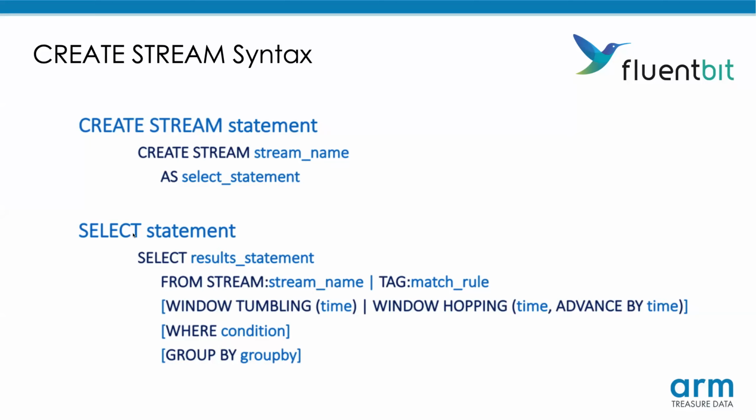The result statement is the same terms as SQL, like you can say select the average of memory, select the minimum CPU usage, select the minimum of this field in the record. And you have FROM, as in SQL you have from a table, and here you have from a different input plugin or another stream.